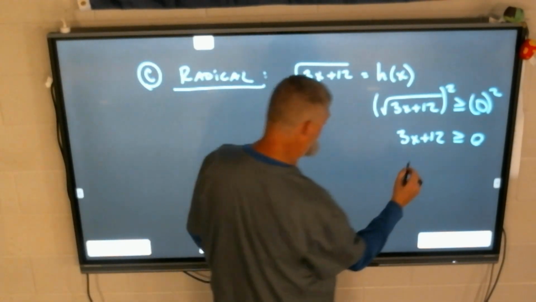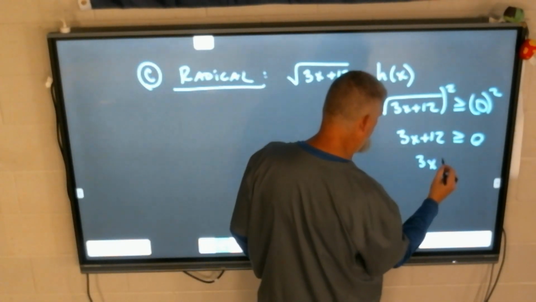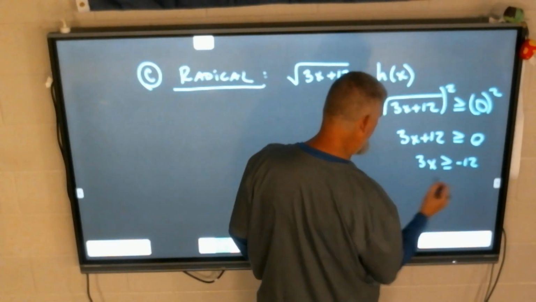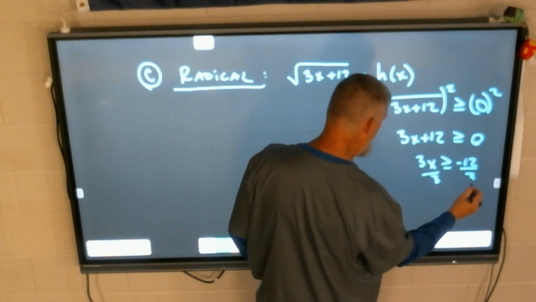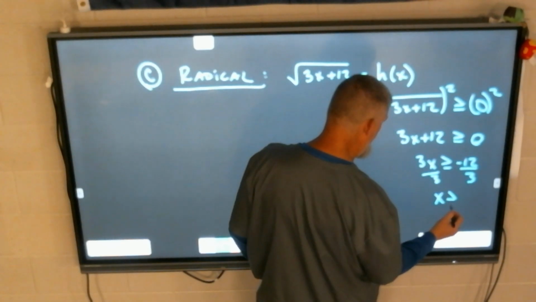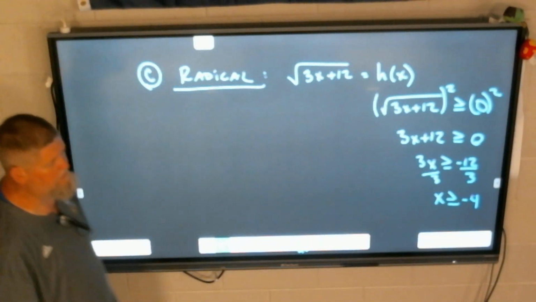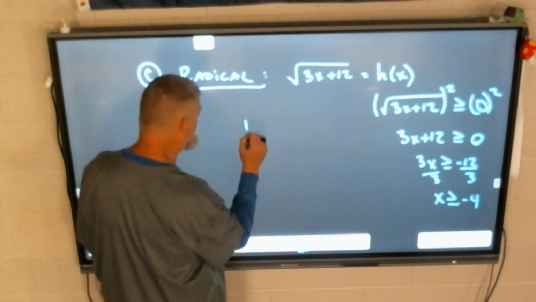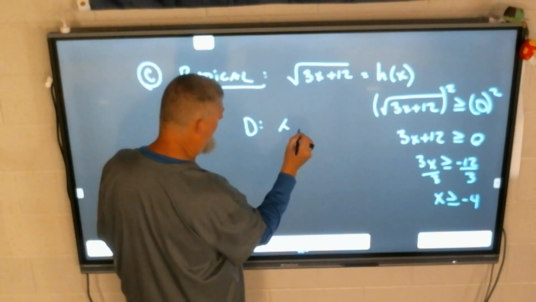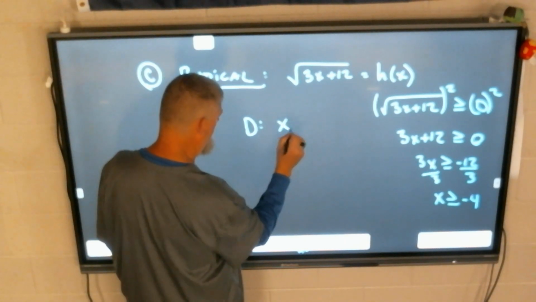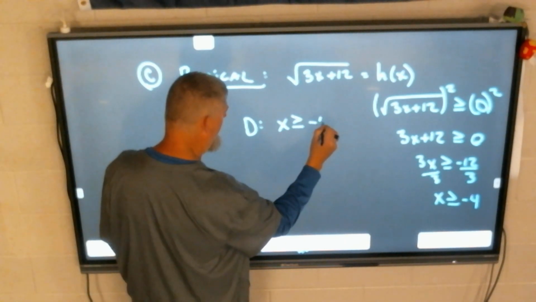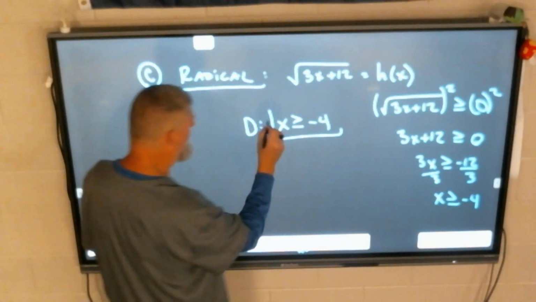So then you just solve: 3x has to be greater than or equal to negative 12, divided by 3. x has to be greater than or equal to negative 4. So my domain is simply x has to be greater than or equal to negative 4. There's my domain.